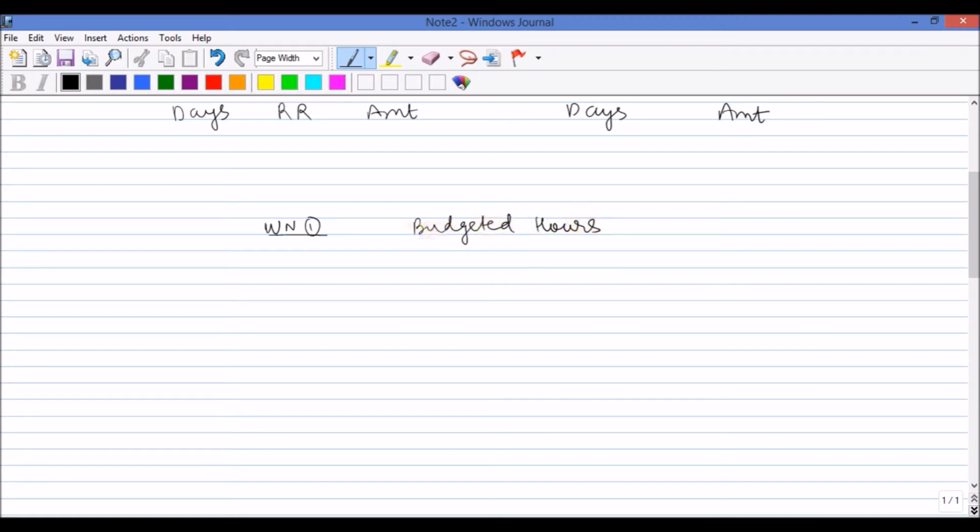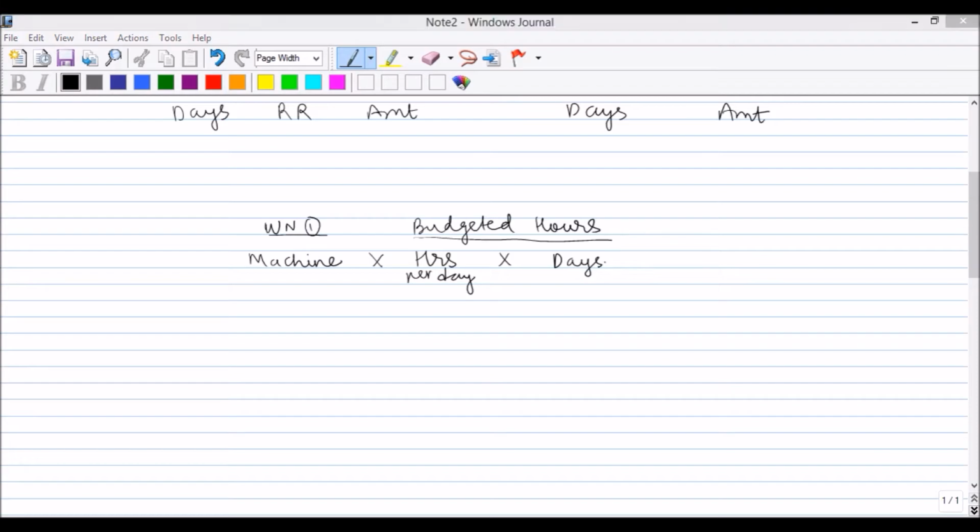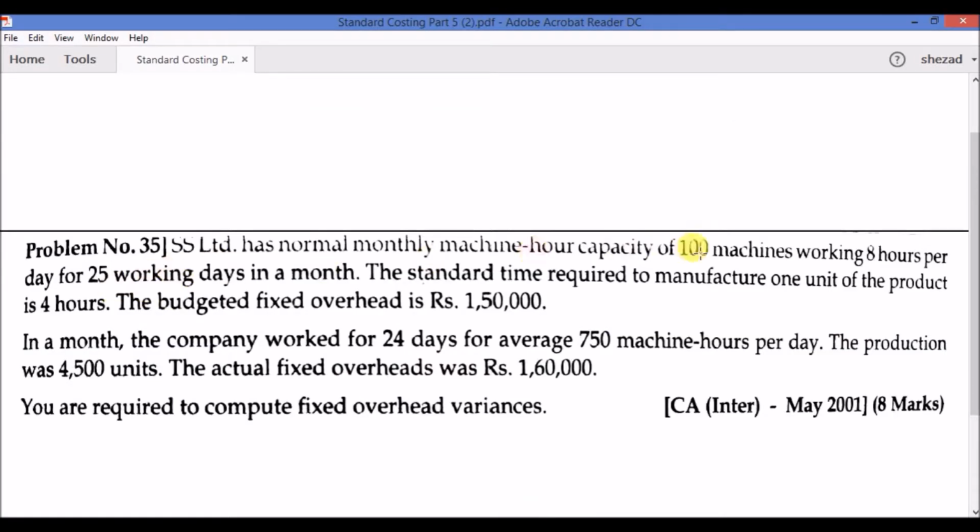So I have a machine, it is working for certain hours per day, and then I have a certain number of days for which this machine is working. So there are 100 machines and there are 25 days and 8 hours per day.